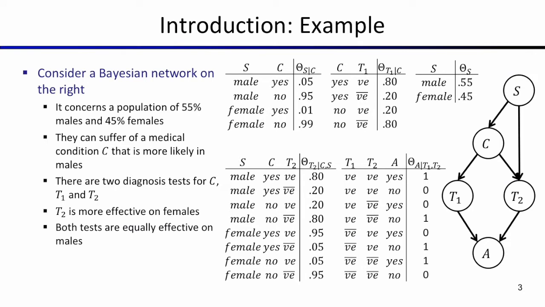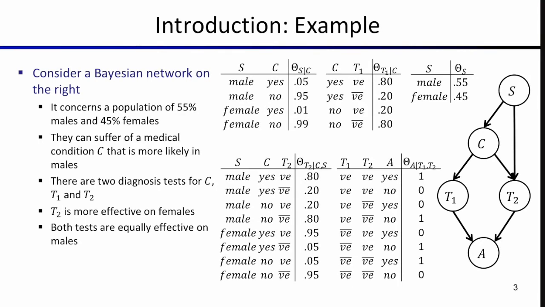So we're going to use this example during this lecture. It's a Bayesian network for a certain medical condition. We have a population that has a little bit more males than females: 55% males and 45% females.